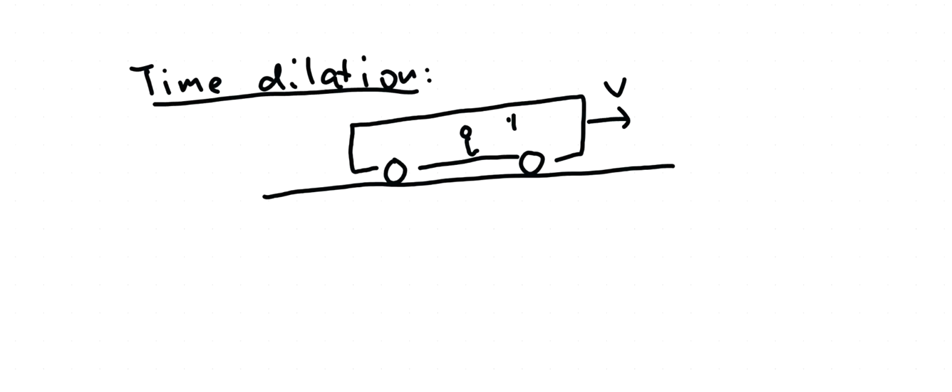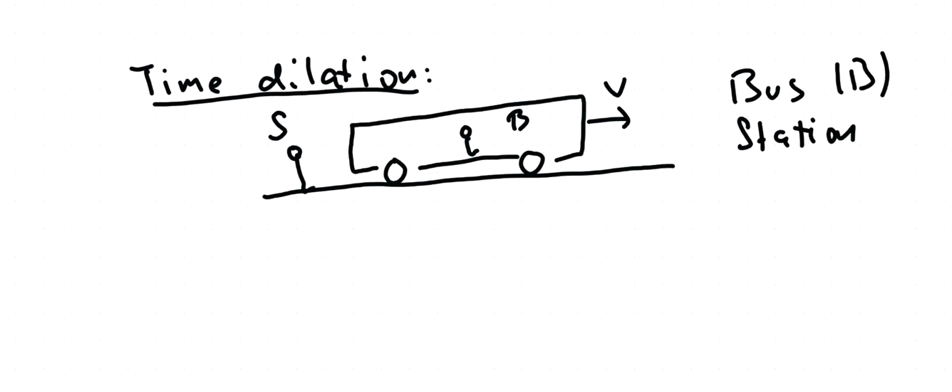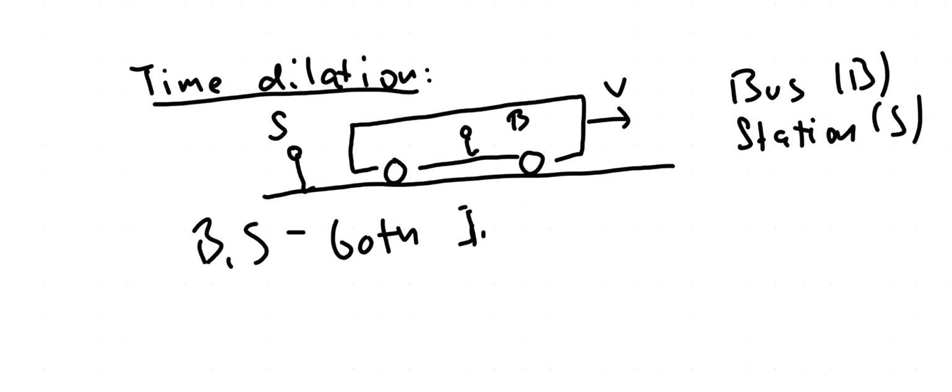The bus is a reference frame, B. But there's also a guy standing at the station. Obviously they have two different inertial reference frames, so B and S are both IRFs.